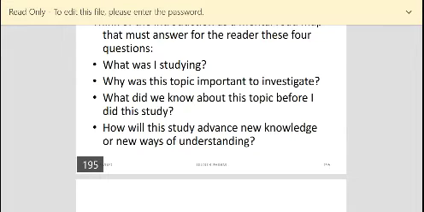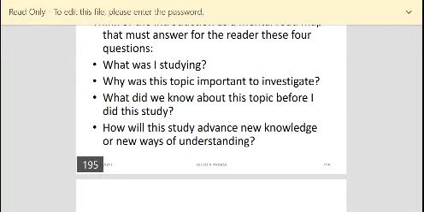And actually, when we see the thesis or the problem statement, it gives a clear picture about what has been studied or what influenced a researcher to do such research. But your introduction part should also answer this question: why was this topic important to investigate?